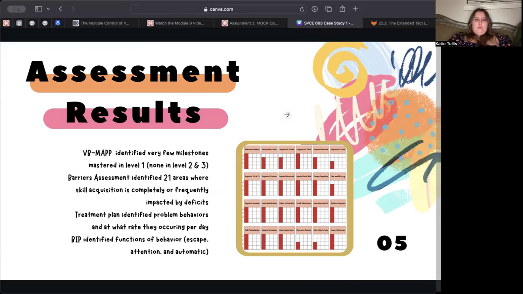And he's probably testing very low, even if he has some of these skills in his repertoire, because of his barriers. There were 21 areas where he tested relatively high in the barrier section, which affects how impacted he is by these deficits, which are occurring almost all of the time or pretty frequently.